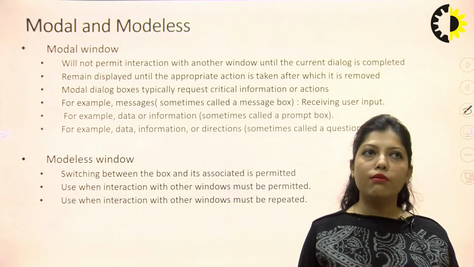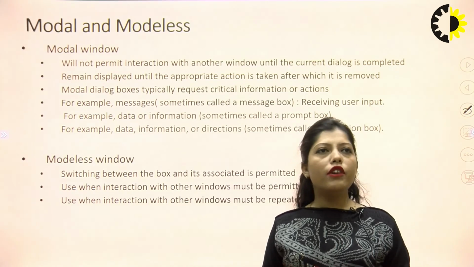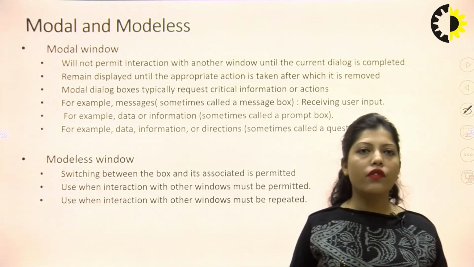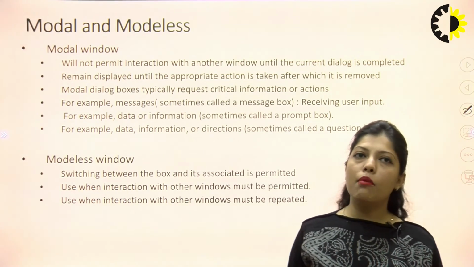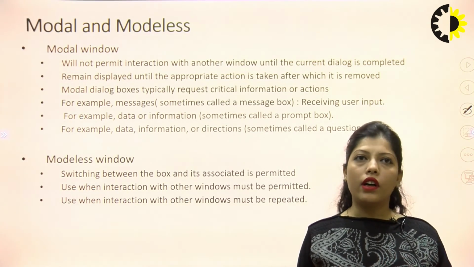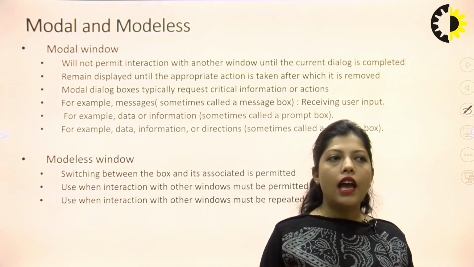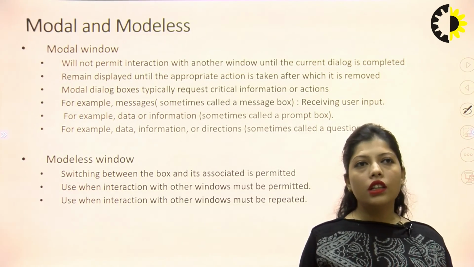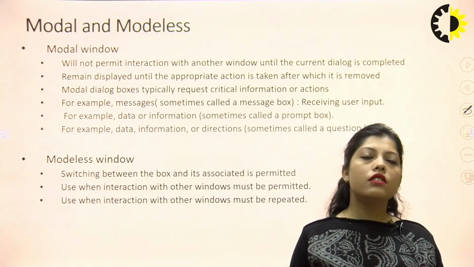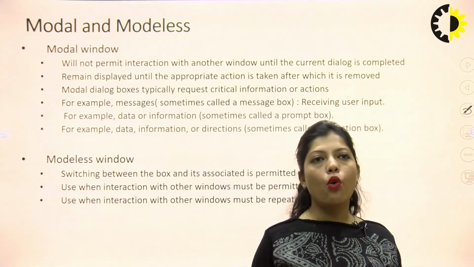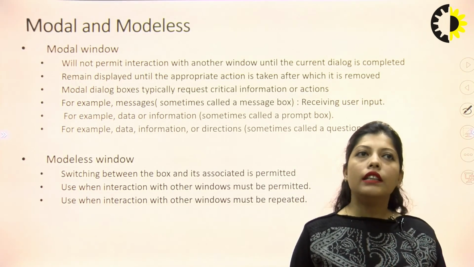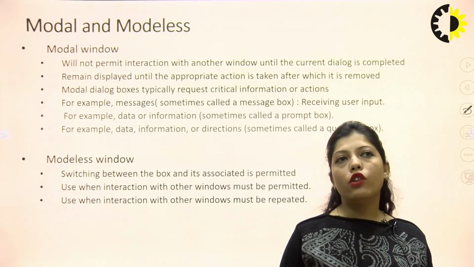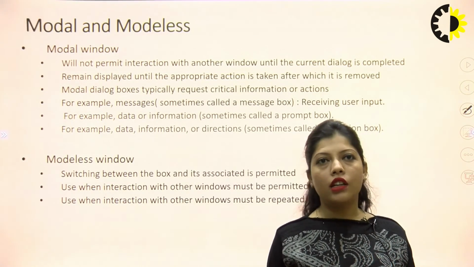Next is modal and modeless window. A modal window will not permit interaction with another window until the current dialog is completed. For example, a user can work on any screen, and suddenly a dialog box comes up with two options, yes or no. Until the user clicks on the yes button, the modal window will not permit interaction with another window.